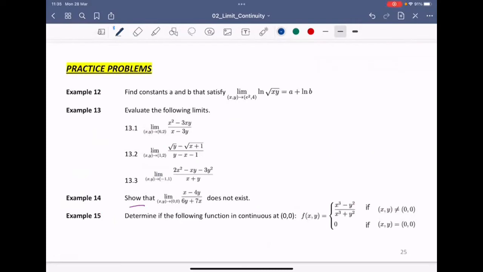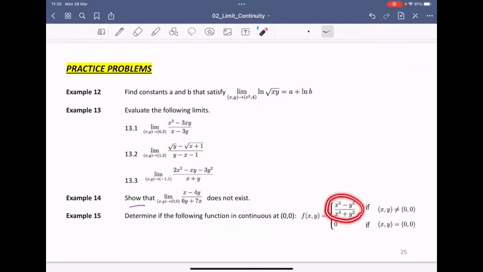So again, this type of question is just computing the limit by plugging in. This type of question, I ask you to evaluate the limits. Well, see the sign here. The conjugate is coming. Factoring is coming. Maybe this is to show that it does not exist. This is to show that the function is continuous.